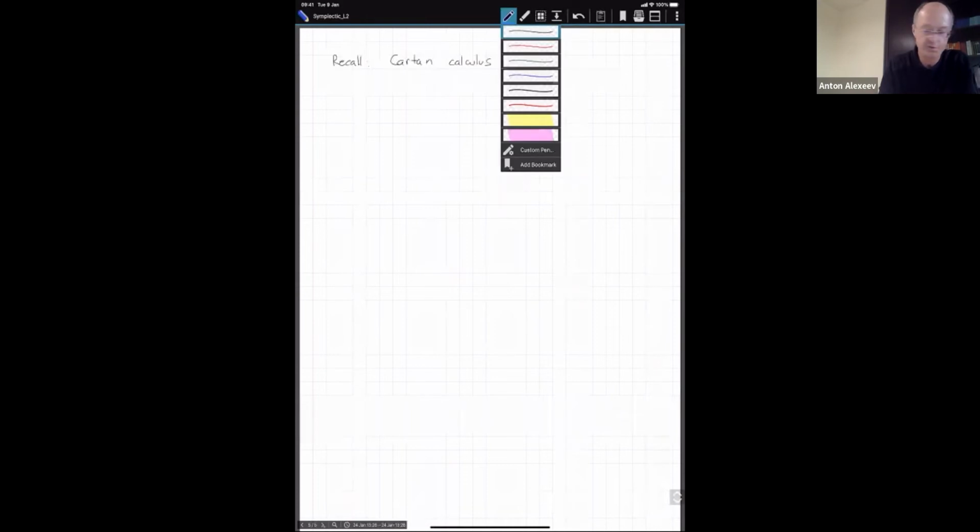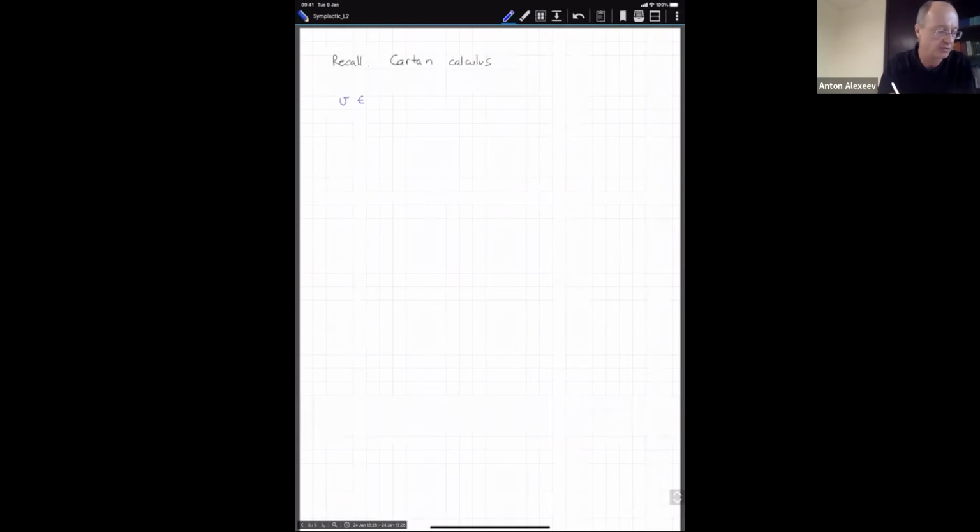Suppose that on any manifold, symplectic or not, we have a vector field. Then there are two operations on forms that you can construct from each vector field.